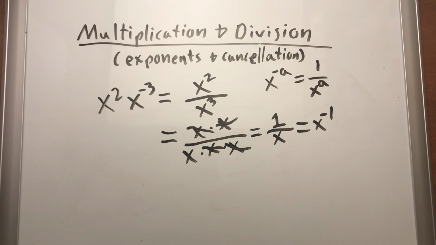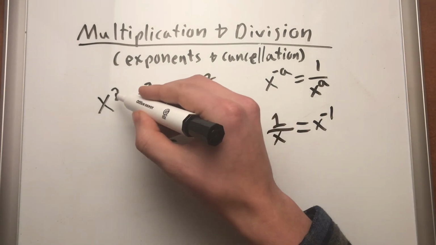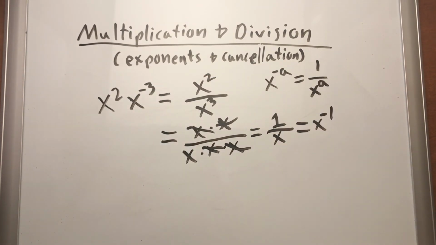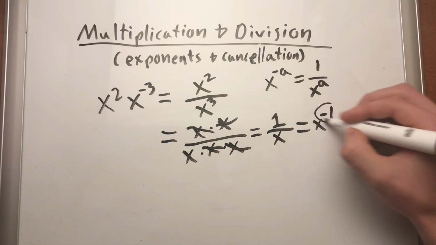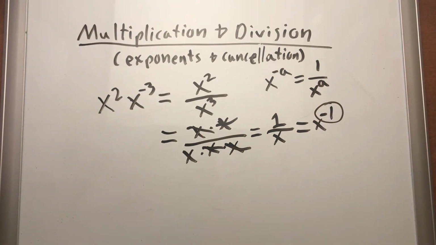Now, if we follow our exponent rule, which says to add our exponents together, 2 plus negative 3 will also give us an exponent of negative 1. So this is why the exponent rule works with negative exponents, because of this cancellation effect.